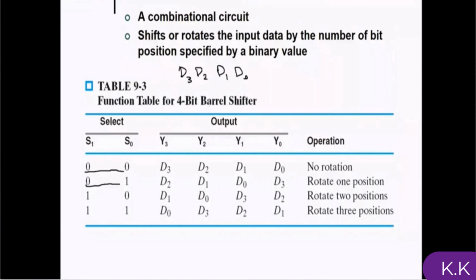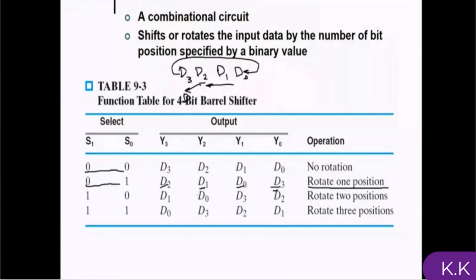So let's check the output of the barrel shifter for 4 bits. If the input is 0, 0, then we don't want to perform any rotation, so the output is the same as the input. Assume that the input is D3, D2, D1 and D0. This is the input, and let's check what the output is for each of these combinations.